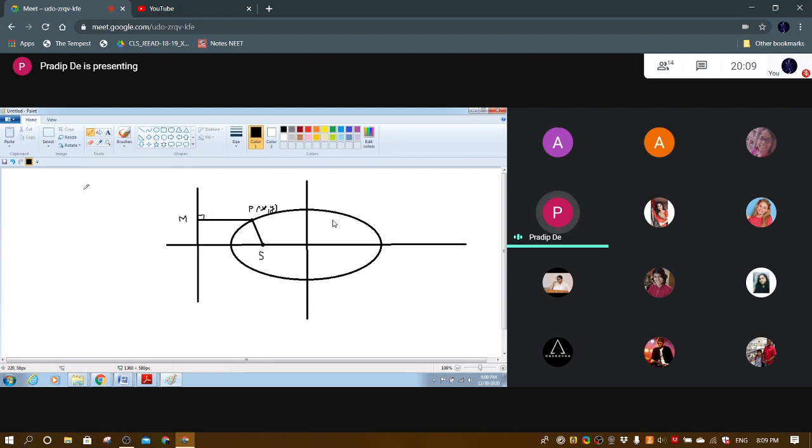And by definition, PS upon PM is equal to e. Always. Is it clear now?